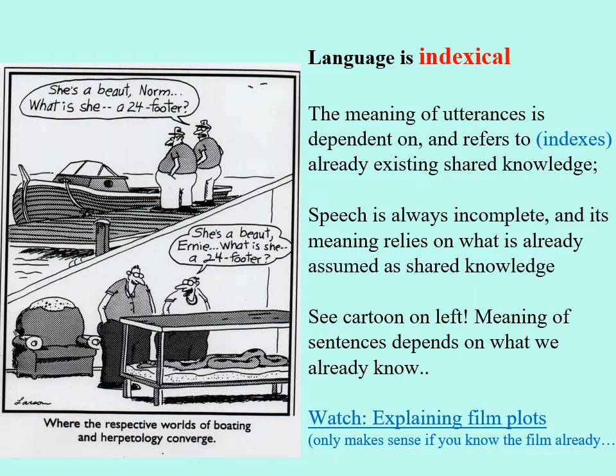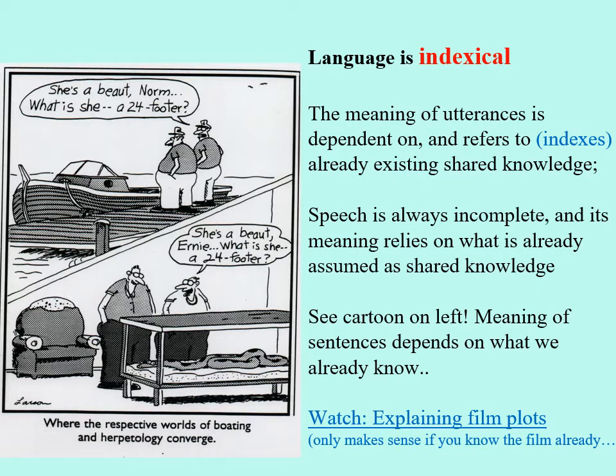Next, we're going to look at a very interesting feature of language. We might call this indexicality. The idea that language is indexical. And what that means is that verbal utterances, sentences, are always dependent for their interpretation on already existing shared knowledge between the communicator, the encoder, and the recipient, the decoder.